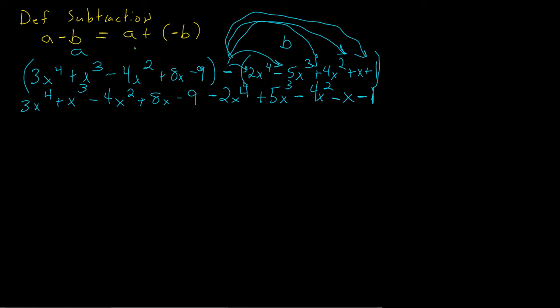Now for large polynomials, there's a lot of terms that need switched. But in general, we just change the signs. There's different ways of thinking of what subtraction is. When we said the opposite, we took the opposite sign of whatever B had, and so we take the opposite sign of what every term in here has.